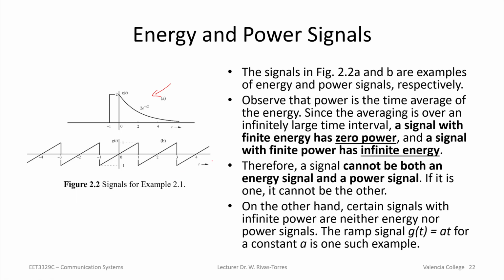Now, there are certain signals that are neither energy nor power signals. One such signal is the ramp. So what is a ramp? A ramp signal is nothing but something that goes up and up. Let's say if A is positive in this expression, the function is g(t) equals A times t.